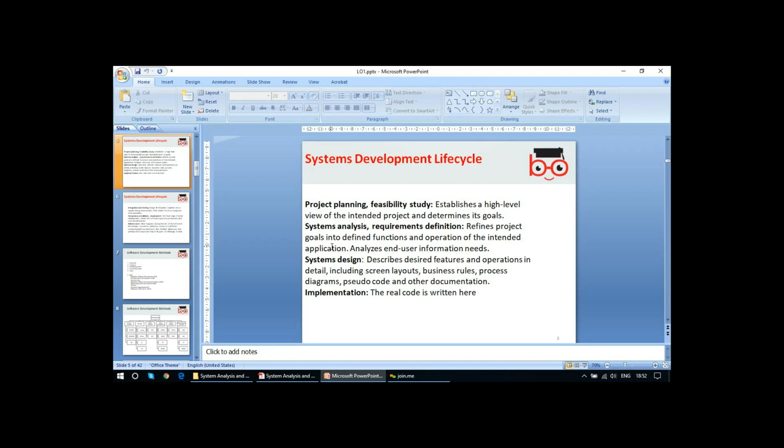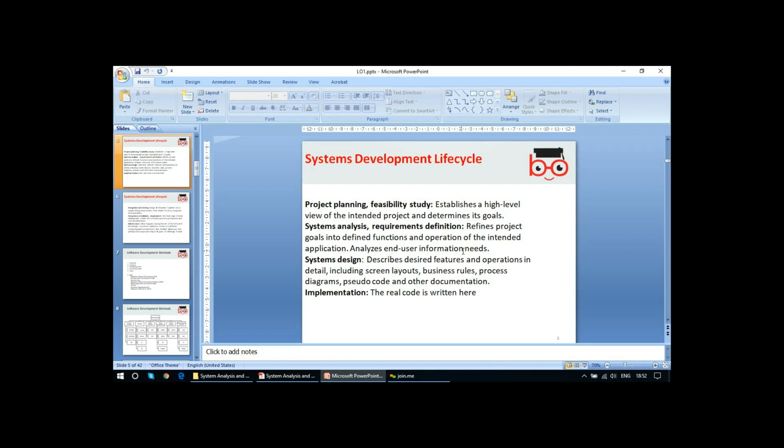In the analysis, we still write the number of modules and the use cases. Intended operations means use cases, what verbs would be carried out, and analyzing end user information.